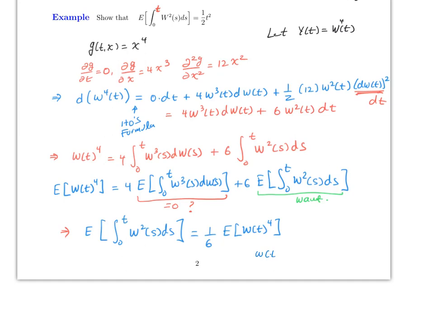Remember that wt minus w0 is a normal distribution 0, t. So all you need to do is figure out this part, which I think is homework 12, but we'll go over this quickly right now.